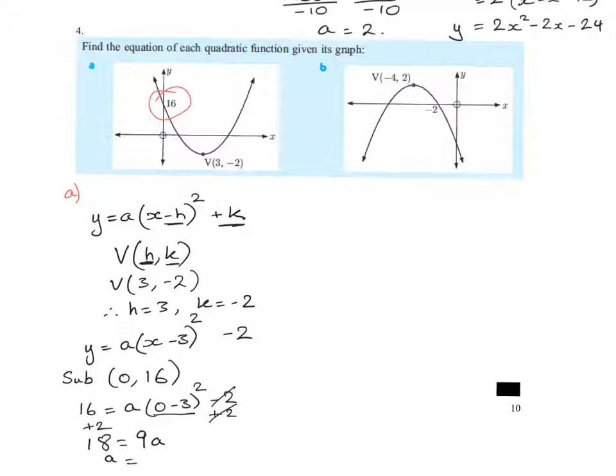So a must be 2, because I divide both sides by 9. So now that I have that, therefore y equals 2 times (x minus 3) squared minus 2. And since they didn't give me instructions to write it in any particular way, I can actually leave it like that.